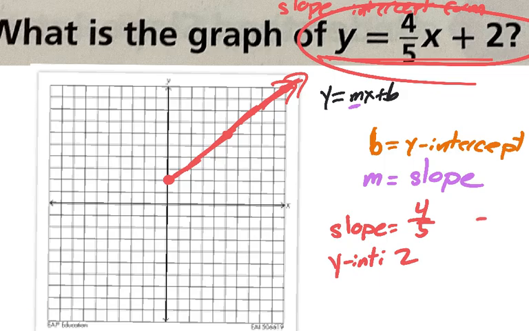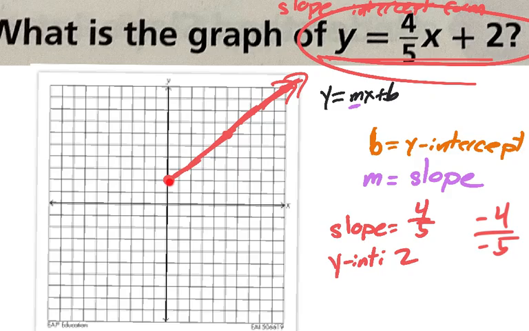I could go down 4 and left 5. I could make them both negative, because remember, slope is just division. It's just a fraction. And 7th grade math, what's a negative divided by a negative? It's positive. So negative 4 over negative 5 still is a slope of positive 4/5. So I could go down and to the left.